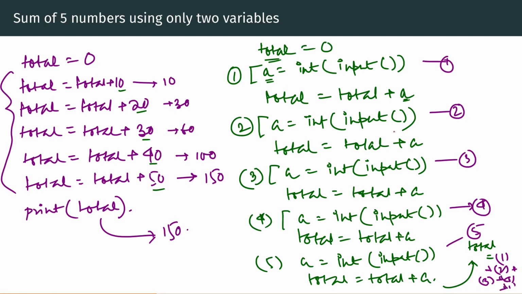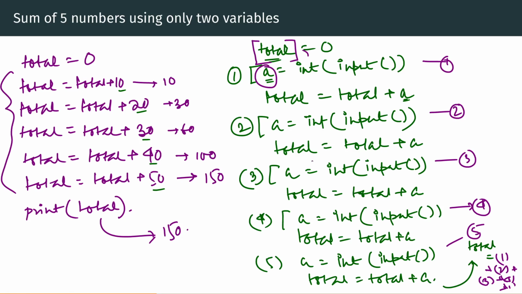So this is how we just used two variables: total, that's one variable, and a, that's another variable. But the result is that we could add five numbers that were provided by the user.